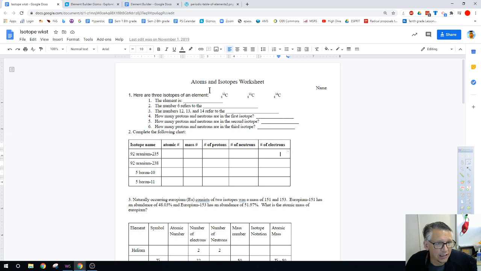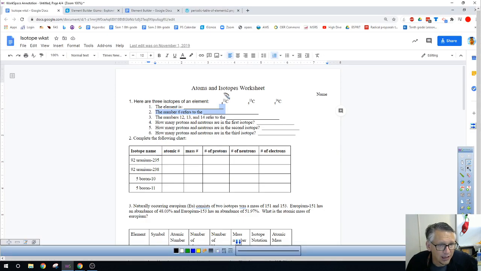So this one here is not an isotope. Well, they call them all isotopes, but this one here is a big isotope, and this one here is a big isotope. The 6 refers to the atomic number, and that tells us protons or electrons.